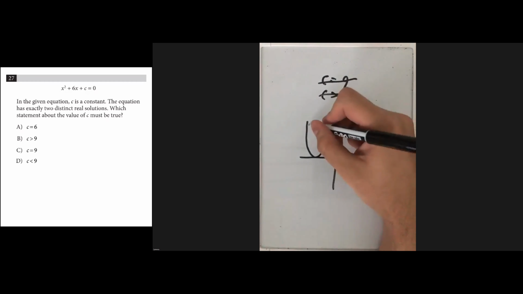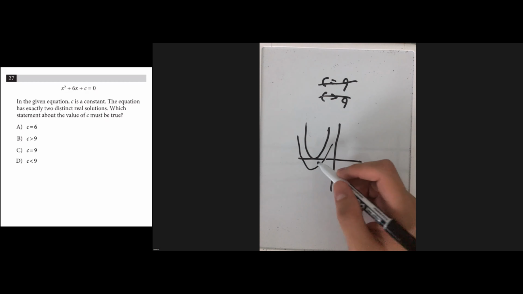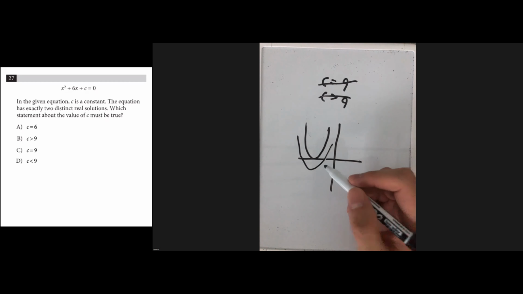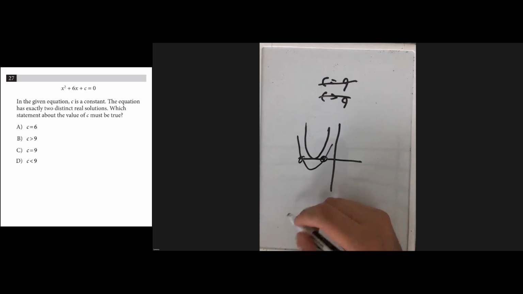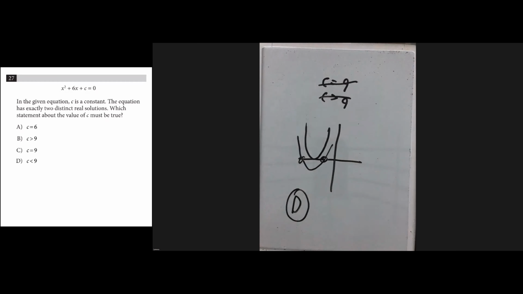So since this is the vertex, even if C is slightly less, like 8 or something, it would still have two real solutions. And so the answer choice should be D. You basically have to just find where it has one real solution, and then any number below that would have two real solutions.